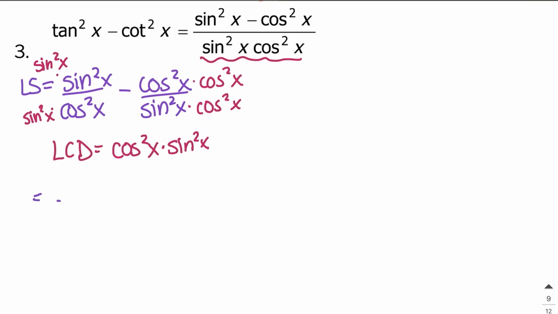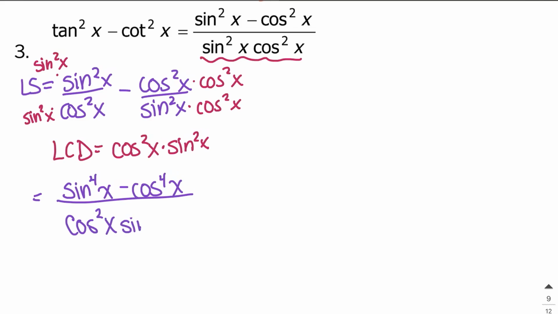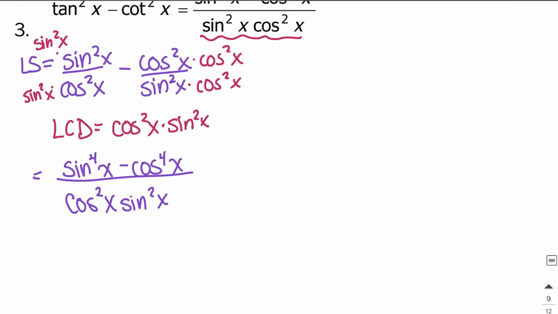And so this whole thing right here turns into sine to the power of 4x minus cosine to the power of 4x all over cosine squared x sine squared x. So I got sine to the power of 4x by multiplying sine squared times sine squared. I got cosine to the power of 4x by multiplying cosine squared by cosine squared. All right, cool.